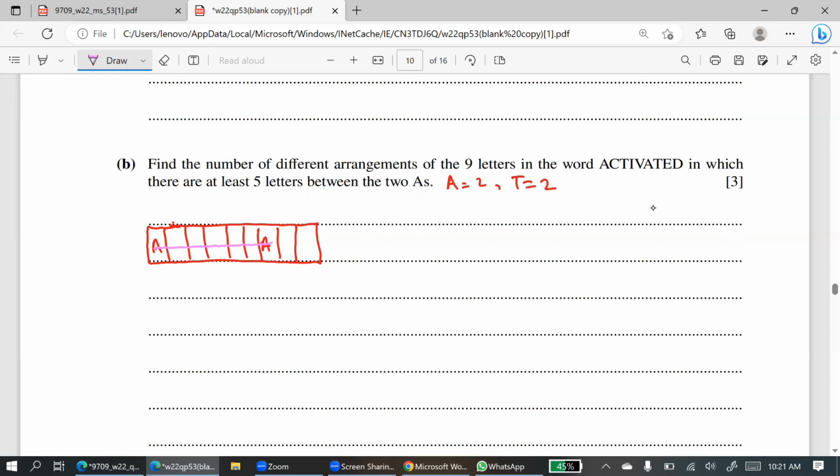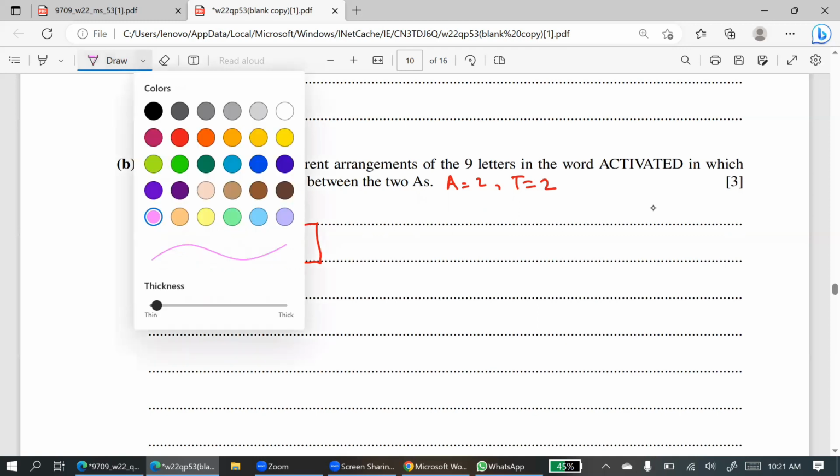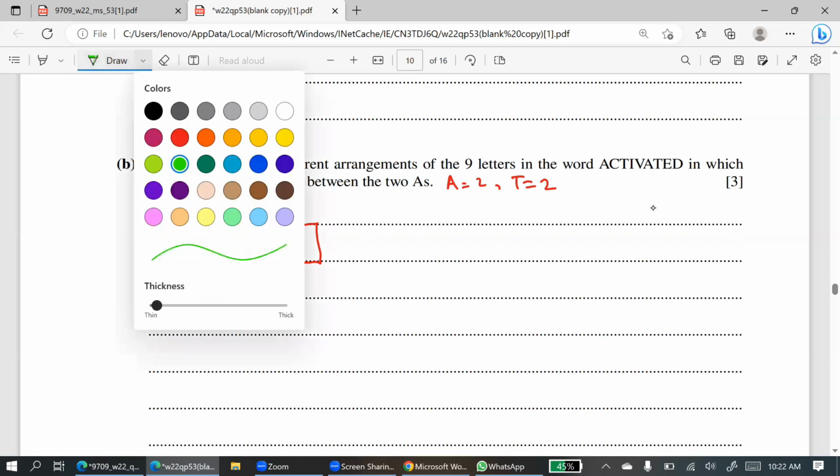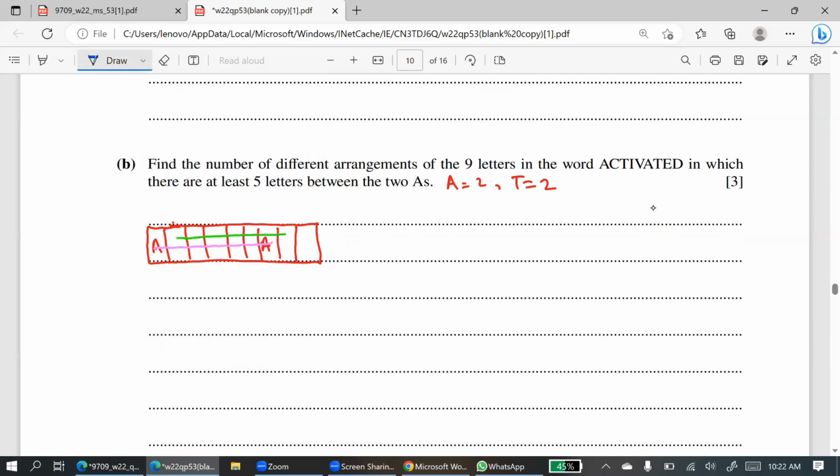One position is already indicated. The next position is this, that is A is at the second position and at the second last position. Now this one can also be arranged in this way.